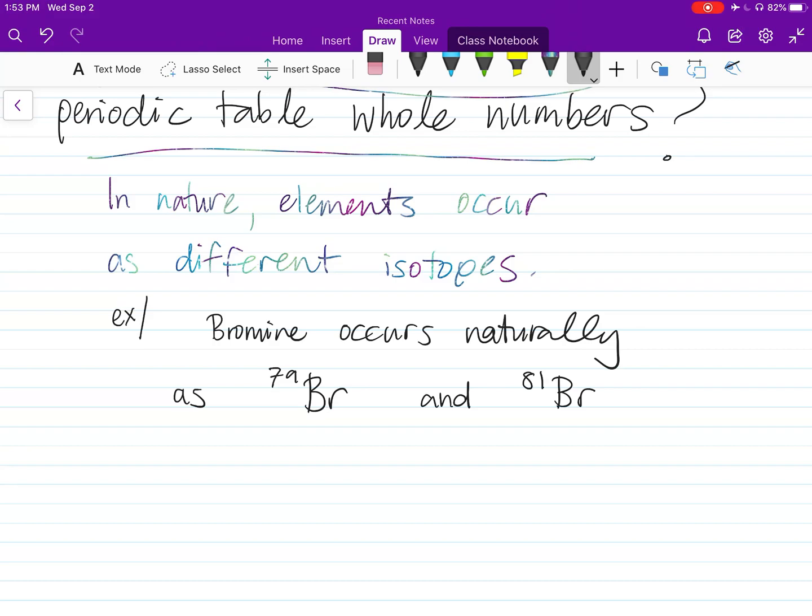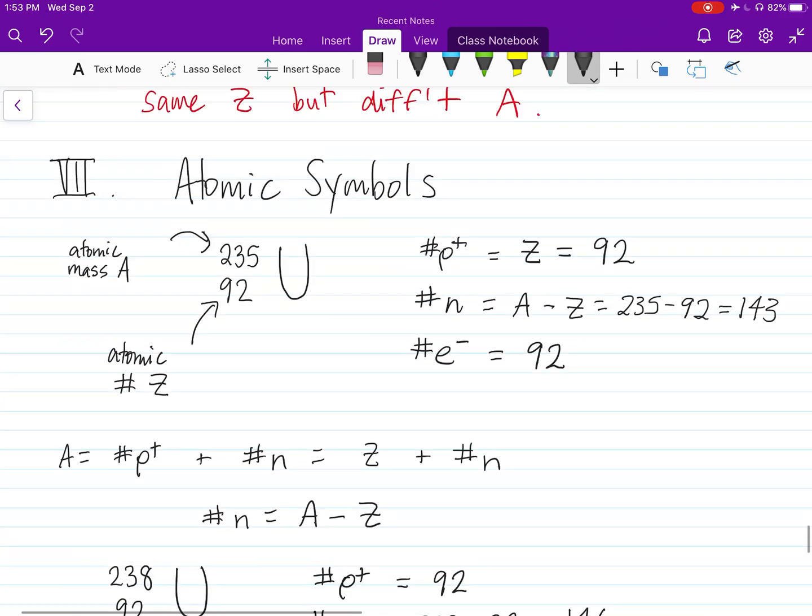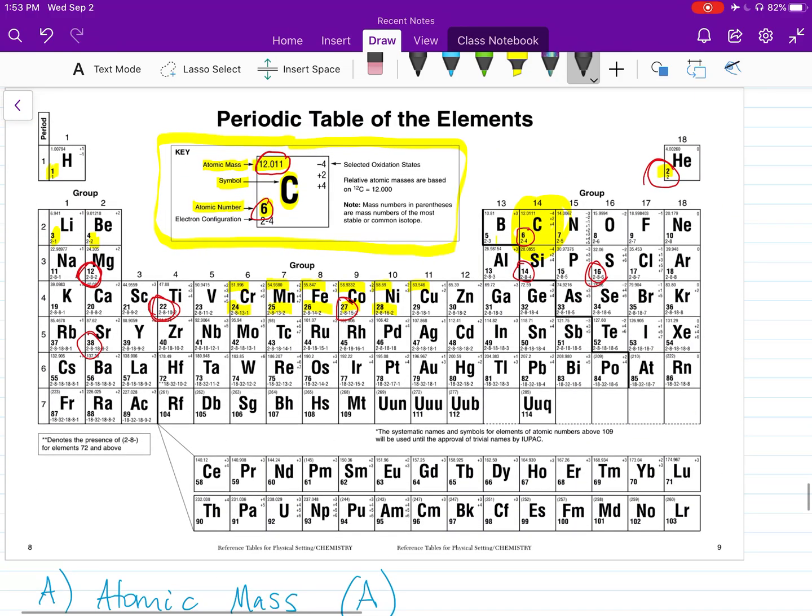The lighter isotope constitutes 51% of all bromine atoms in nature. The heavier isotope makes up the remaining 49% of bromine atoms, with the exception of some other trace isotopes. If we look at the periodic table, let's check out the atomic mass of bromine. Bromine is all the way over here, and we can see that its atomic mass is 79.904.